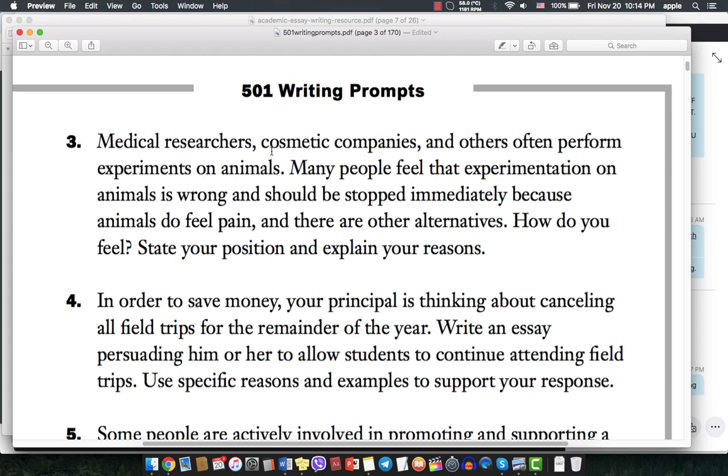Many people feel that experimentation on animals is wrong and should be stopped immediately because animals do feel pain, and there are other alternatives. How do you feel? I want you to state your opinion and position and explain your 3 reasons for that.